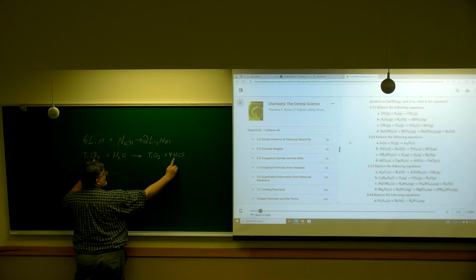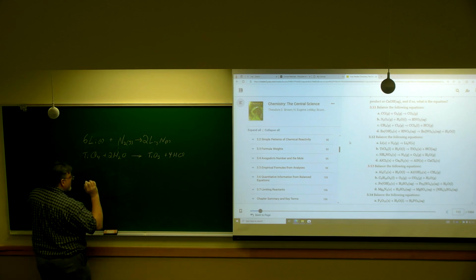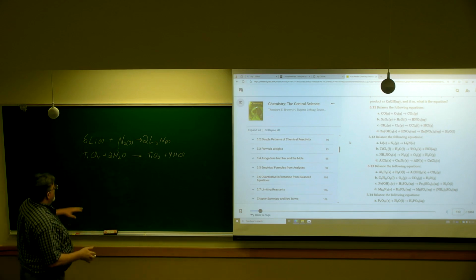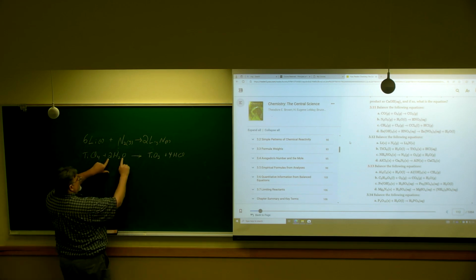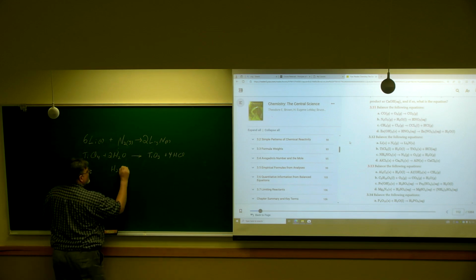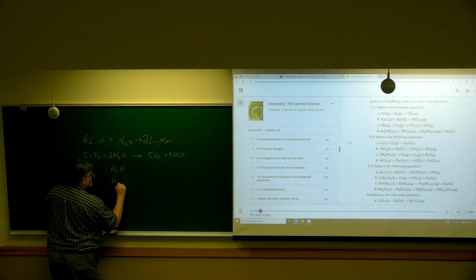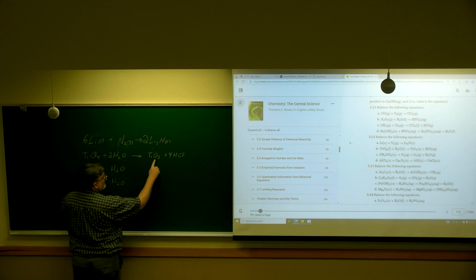I have to balance the hydrogen. This says 4 hydrogens. I've got 2 here. If I put a 2 there, then now hydrogens are fixed. And then O2, this is telling me I have 2 oxygens, meaning 2 H2O means I have 1 of these and another 1 of these. 2 oxygens. Got 2 oxygens, and I look over here, there's 2 oxygens here, so I'm good.